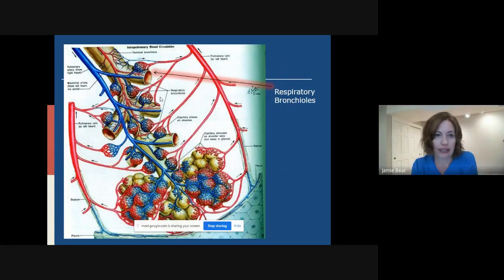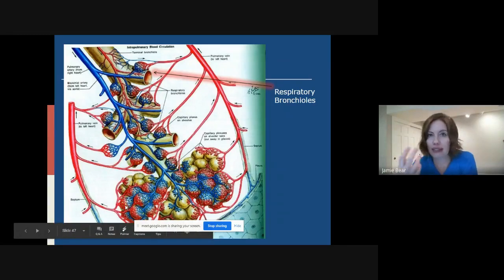But here is the pulmonary blood supply. So I just really like this picture, and it shows all the surrounding clusters of alveoli with a nice healthy pulmonary vascular structure here. And of course, here is the pleura in the tissues here.